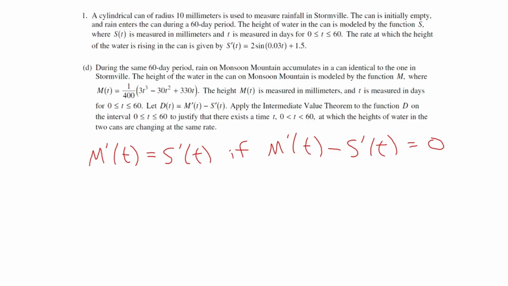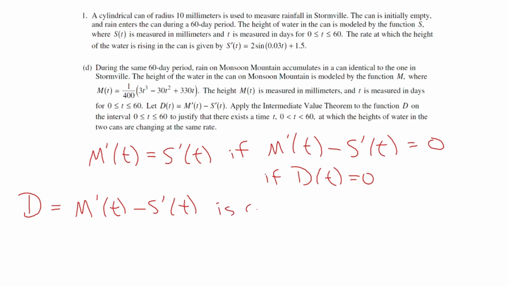So basically, if d of t is equal to 0. And we'll note that the function d must be a continuous function, right? We'll note that d, which is m prime minus s prime, is continuous.